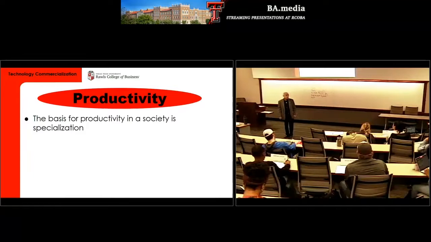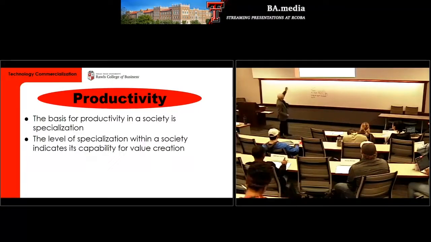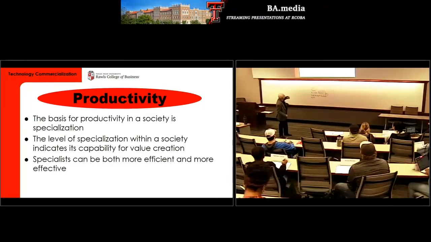So if you're a community that can only dig ditches, how high is your productivity? Not so much. But if you can do all kinds of cool stuff, then you have high productivity, okay? This level of specialization indicates its capability for value creation.